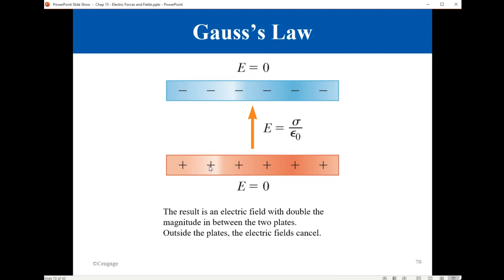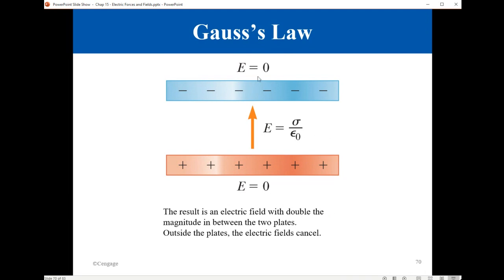So this conductor will give us sigma divided by 2 epsilon naught, and this surface another sigma divided by 2 epsilon naught. The field here is going into the conductor, here out of the conductor, so the two fields add up. Sigma divided by 2 epsilon naught plus sigma divided by 2 epsilon naught, they add up to sigma over epsilon naught. This is the field inside.